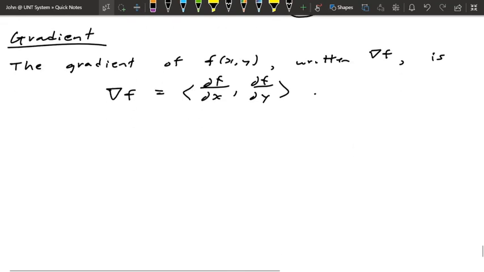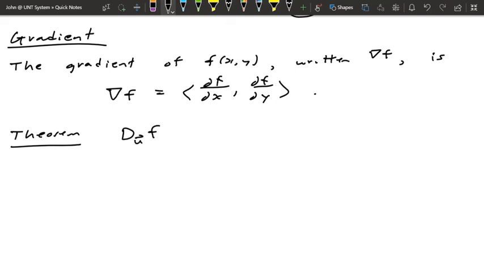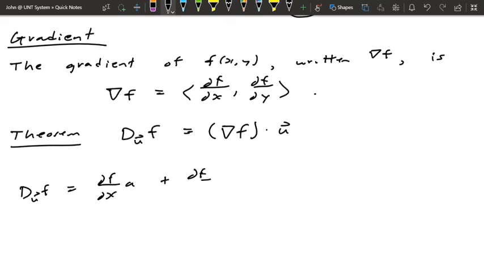And then the main point in connecting this idea with the directional derivative would be that the directional derivative is just another way of saying the same thing. The directional derivative of f in the direction u is the dot product of the gradient with u. Right, and that's just because of that previous formula, where u is a, b.